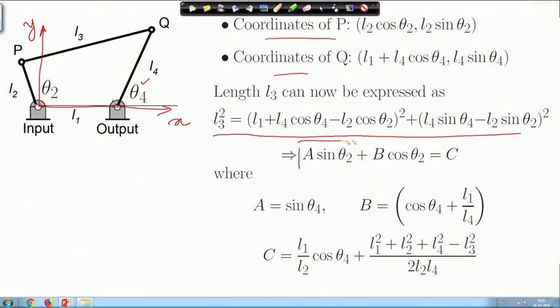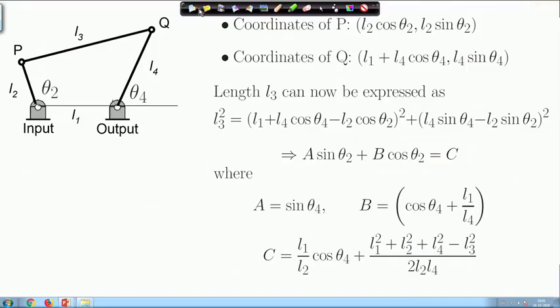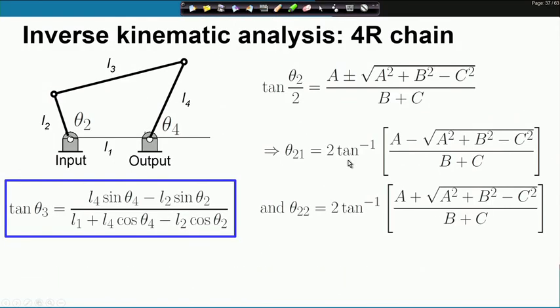Therefore, we rearrange this equation keeping theta 2 as unknown and theta 4 as known. So, A, B and C are now completely known because theta 4 is given and the link lengths are given. Therefore, we have to solve for theta 2 from this equation, and we follow the procedure as we had discussed.